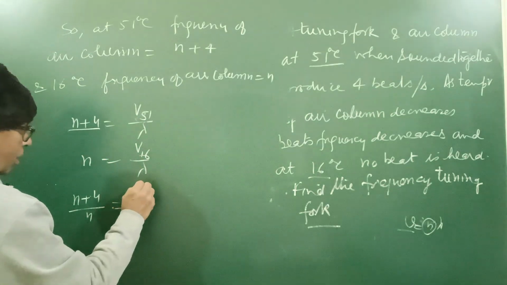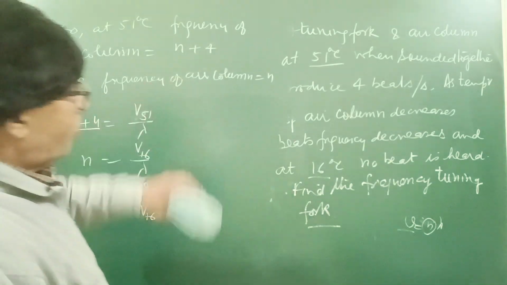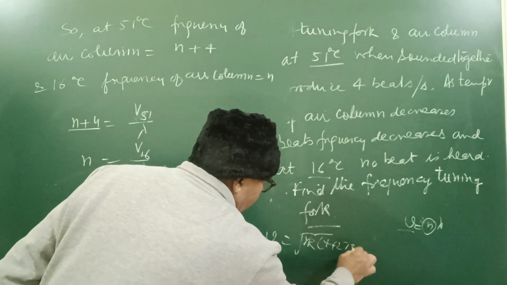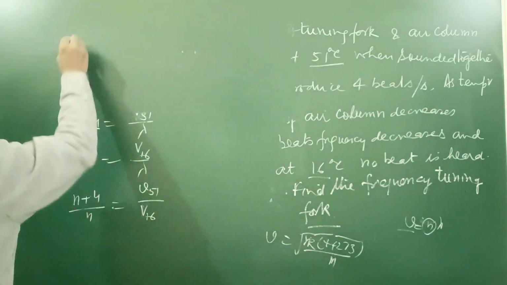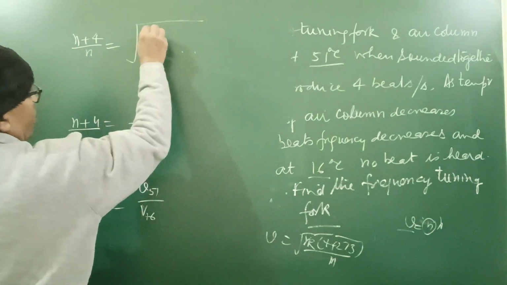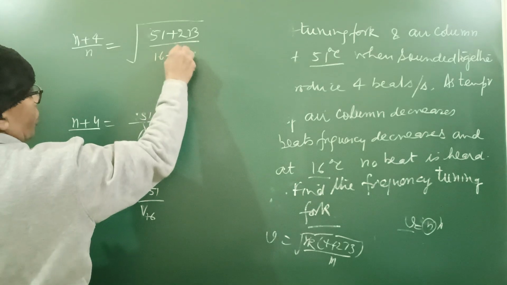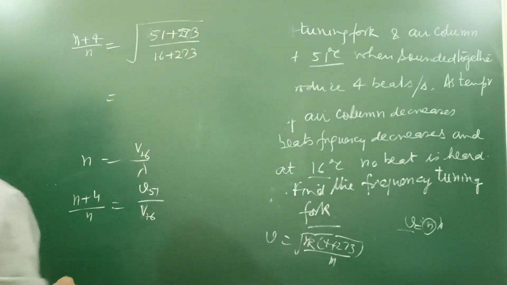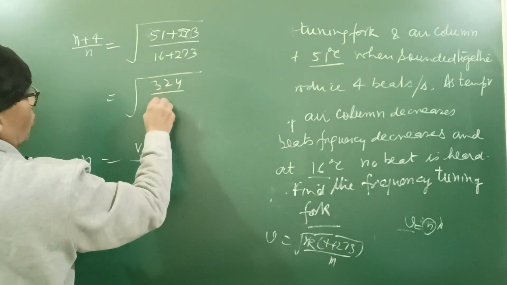From the equation v equal to under root gamma R T plus 273 upon M, we get n plus 4 upon n equal to under root 51 plus 273 upon 16 plus 273. 51 plus 273 is 324, so 324 upon 289.